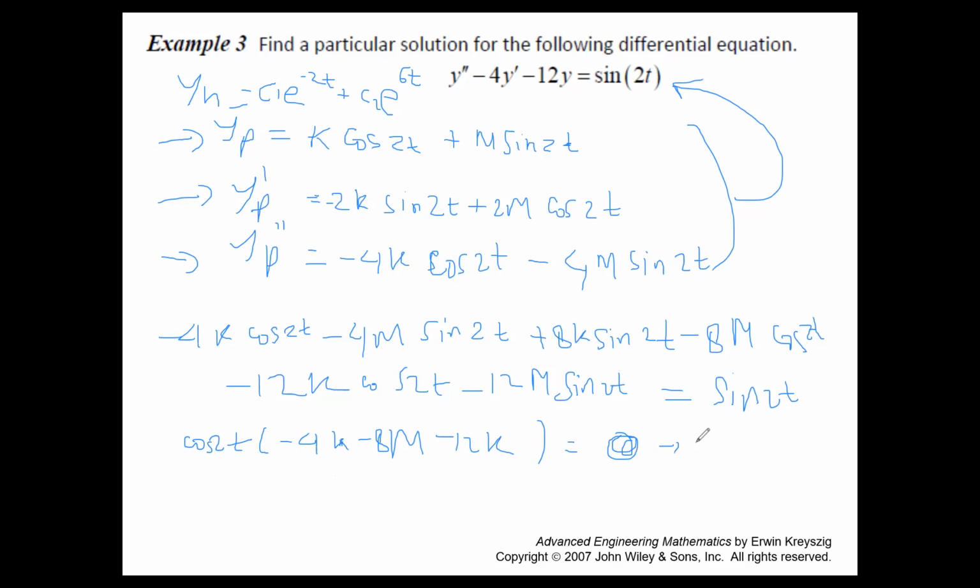You have minus 16k minus 8m equal to 0. And then the sin 2t term will become 8k, and then minus 16m.